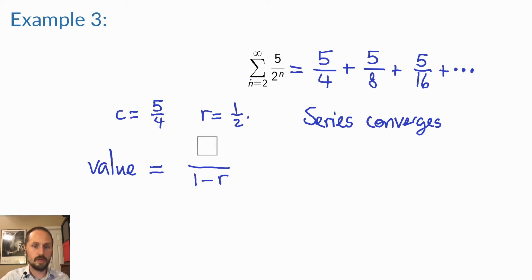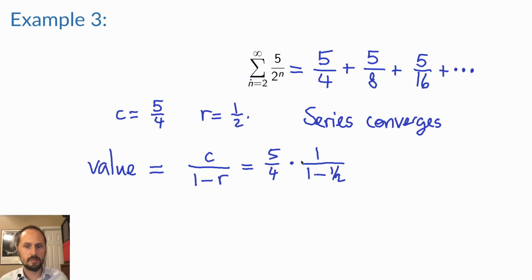And now we just go ahead and plug in what c and r are. Right? So c is going to be, I'm going to write this as 5/4 times that expression. Right? So that's going to be times 1 over 1 minus 1/2. I don't like complicated fractions, so I like to break them up like that when and if I can.